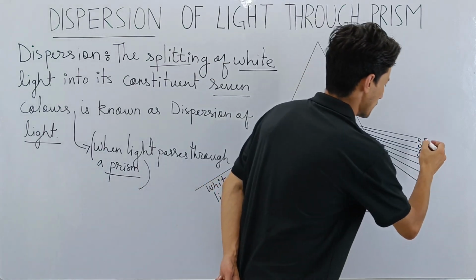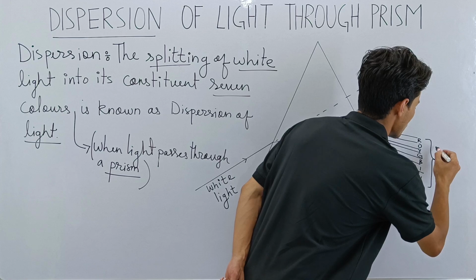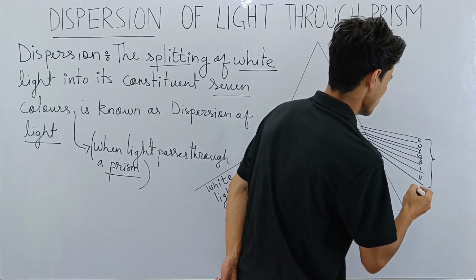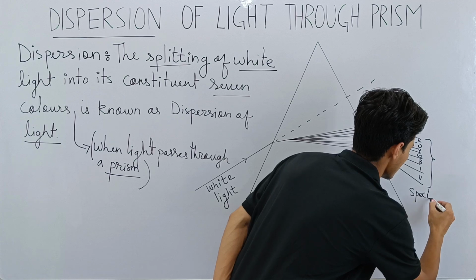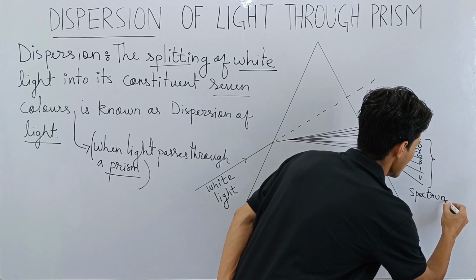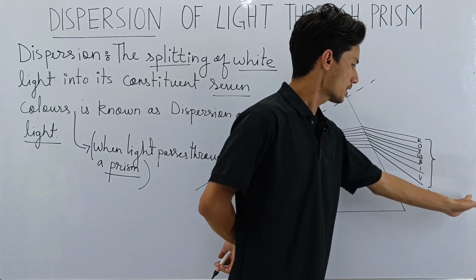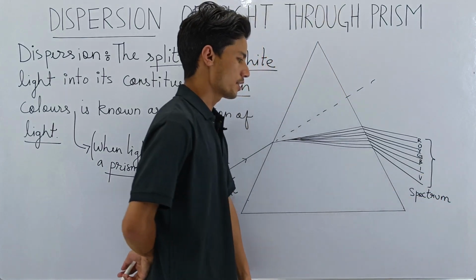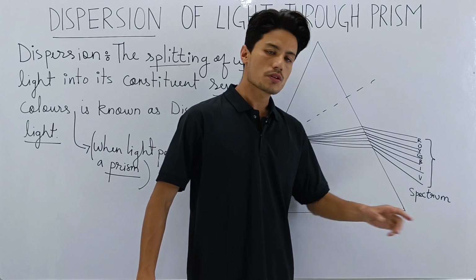This together, the band of 7 colors, is called the spectrum. I'll just write here, spectrum. There is a question, what is a spectrum?